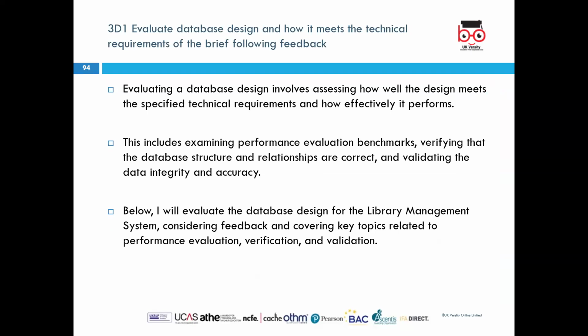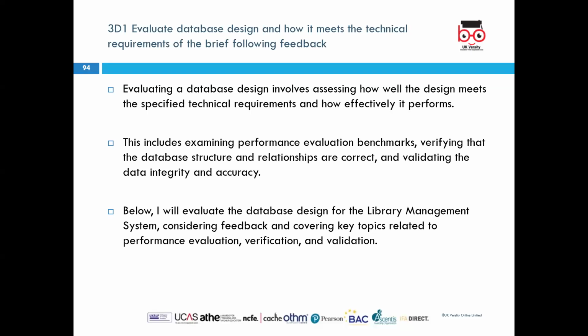Okay, we've now come to our final learning outcome, which is our distinction task, which requires us to evaluate database design and how it meets the technical requirement of our assignment brief following a feedback.